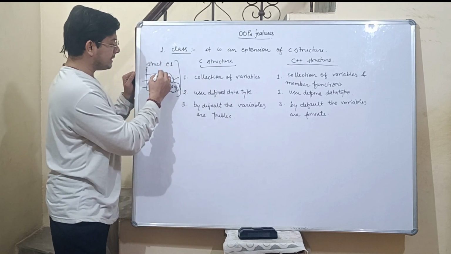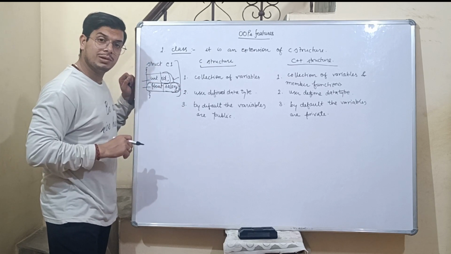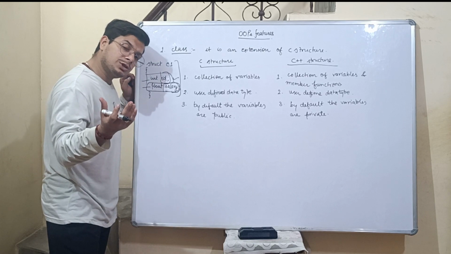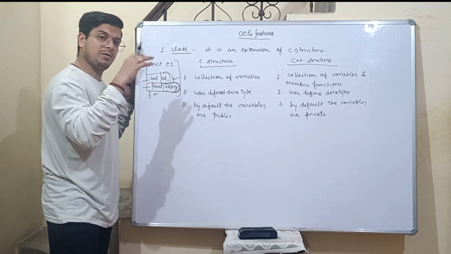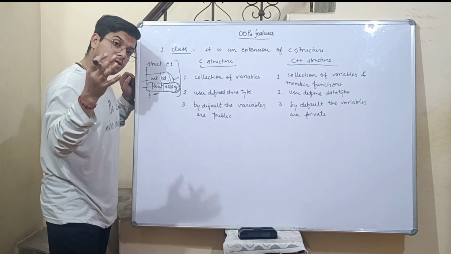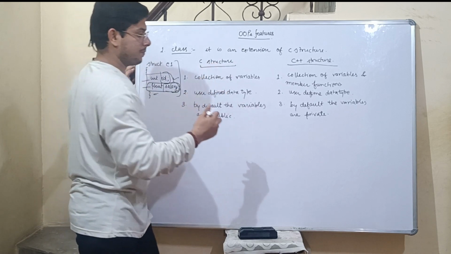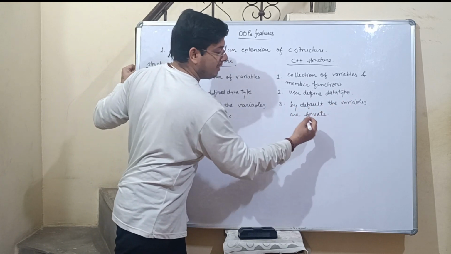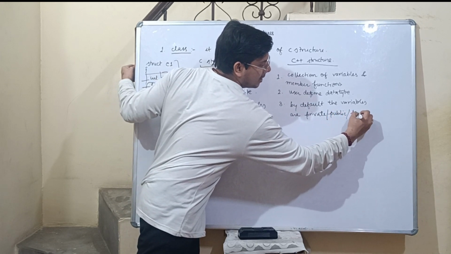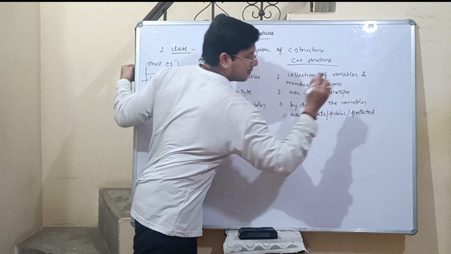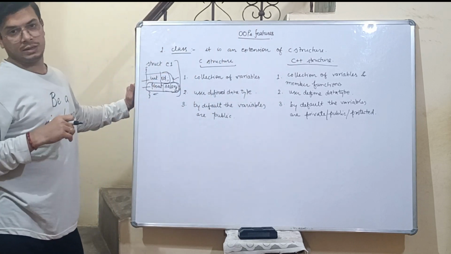Now if these are the private variables, only the allowed functions can access this. Getting my point? What in the previous sessions what we have done, why object was created? Because the main reason was the data security, the data hiding. See, it is getting here. By default the variables are private, and you can declare it more than private, that is public and protected. This is the comparison between C structure and C++ structure.